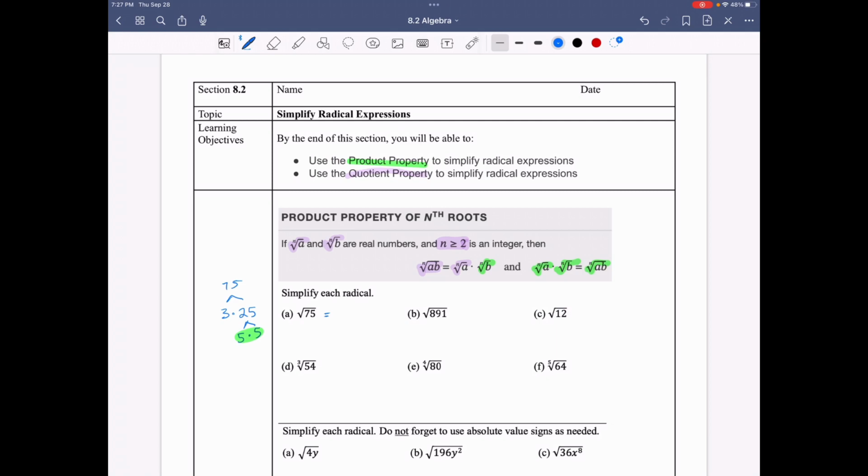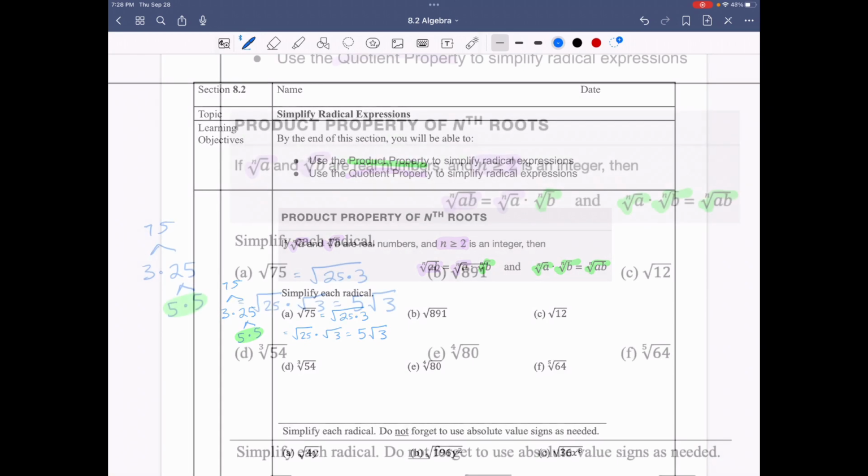So we want to split this into the square root of 3 times the square root of 25, because I can take the square root of 25. I'll write that as the square root of 25 times 3, the square root of 25 times the square root of 3, which is equal to 5 square roots of 3.